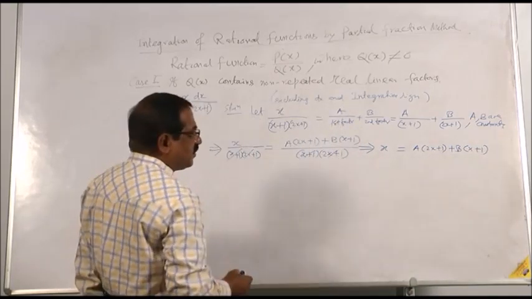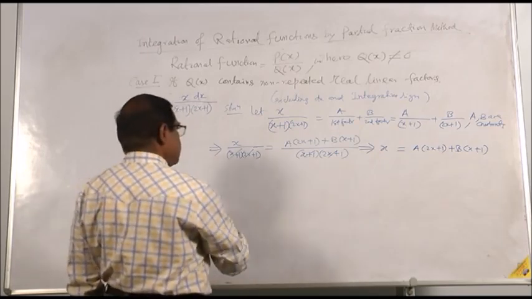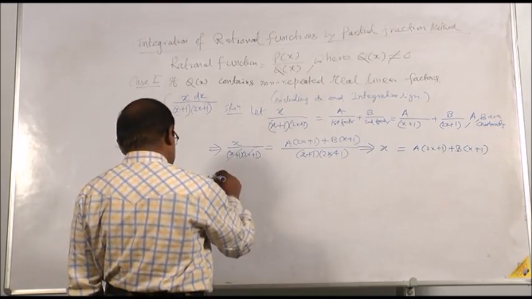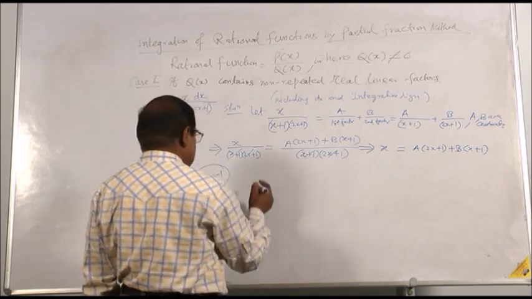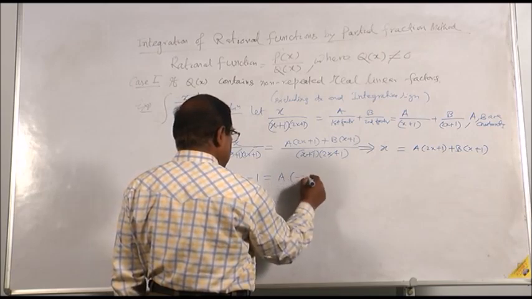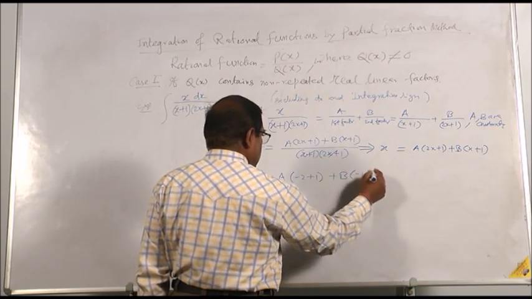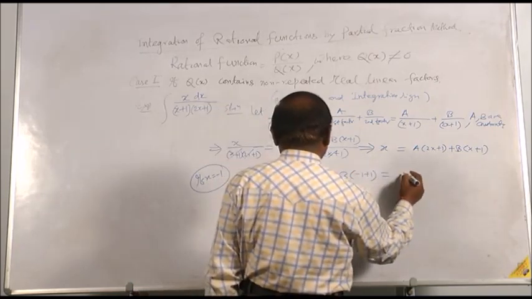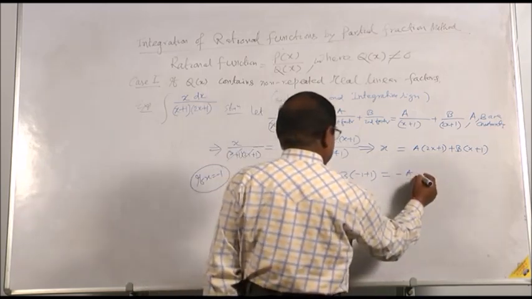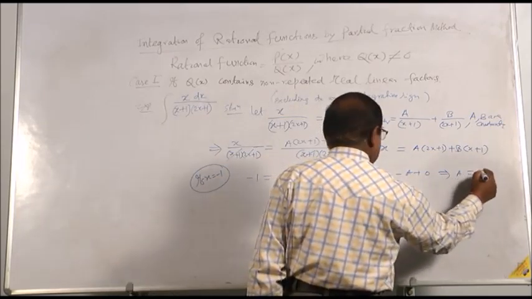Now our intention is to find the values of A and B. So we put x equal to minus 1, then we get minus 1 is equal to A into (minus 2 plus 1) plus B into, this becomes 0. So that is minus A plus 0, which implies A is equal to 1.